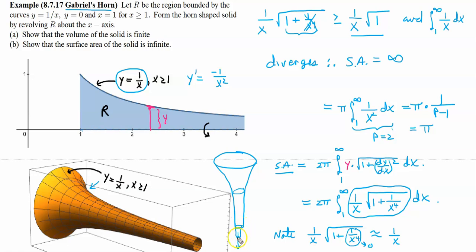So in reality, the paint would get stopped somewhere in this horn down here. And so you couldn't really fill it all the way to infinity and at the same time coat the sides with paint. So that's why there's not really a paradox there. And that concludes our discussion about the domination test with a few examples.